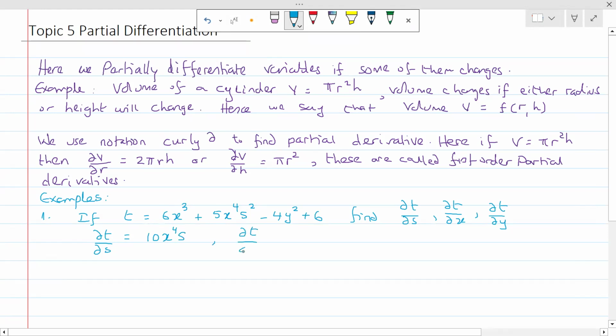Similarly, partial t partial x. Now the focus is on the variable x. So 4y squared and 6 go to 0. We don't have them. For x cubed, I bring 6 here, 3 here, 18 x squared, plus this 4 here, I bring it here, 20 x cubed s squared.